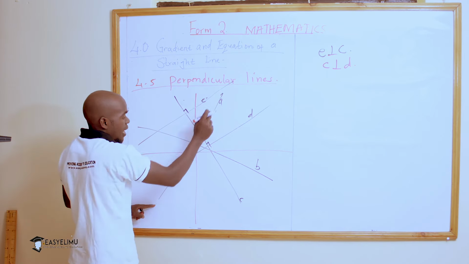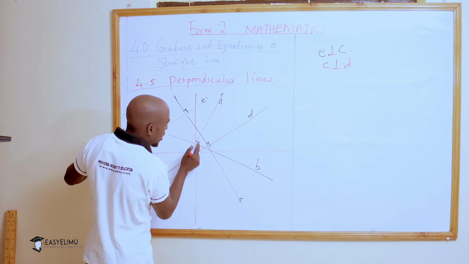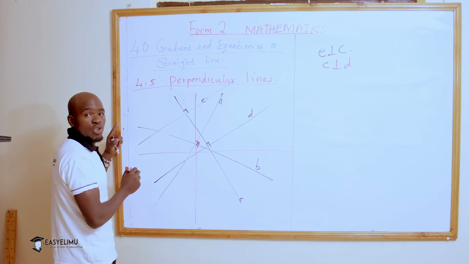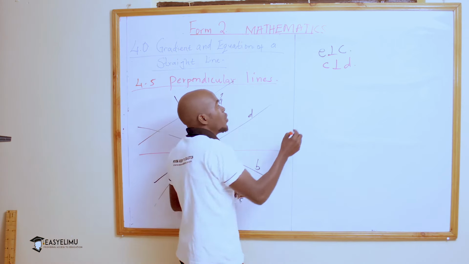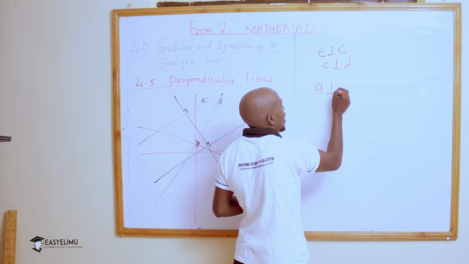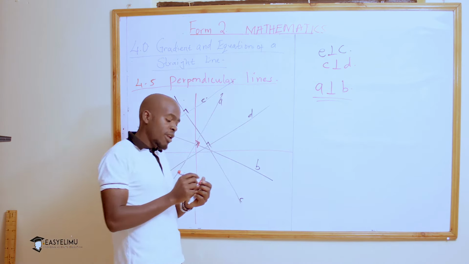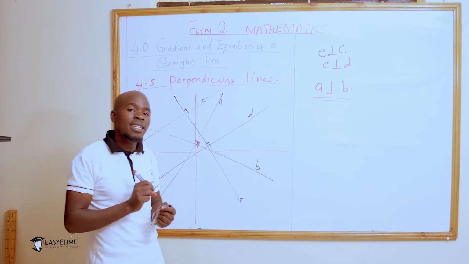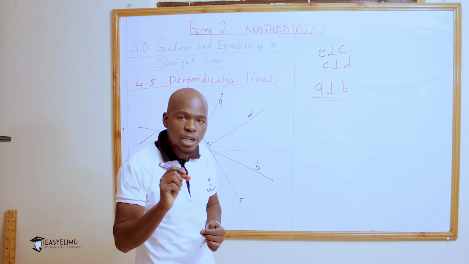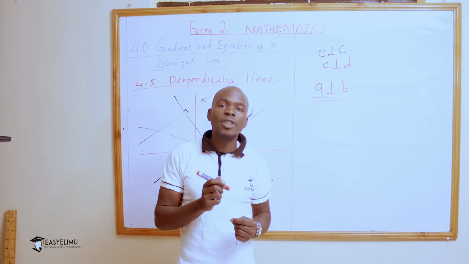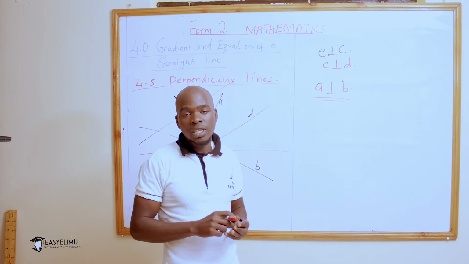Line A passes here, but cuts line B perpendicular at this point. So we can say A is perpendicular to line B. From there we can see that if two lines cut each other at 90 degrees, we say those lines are perpendicular to each other.